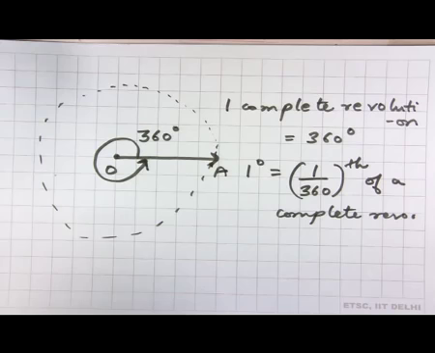Okay. So, that is how 1 degree is defined. So, 1 degree is essentially the 1 by 360th part of a complete revolution.